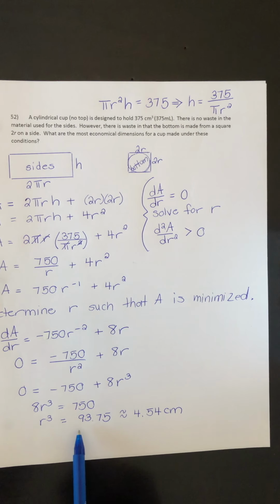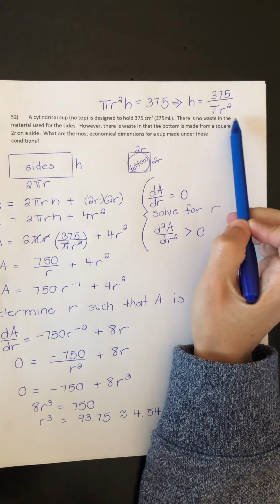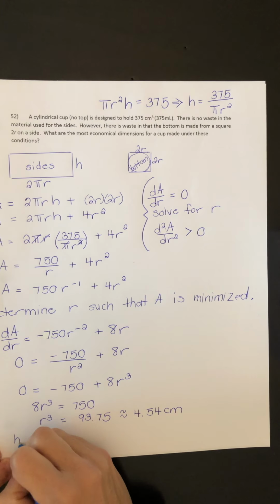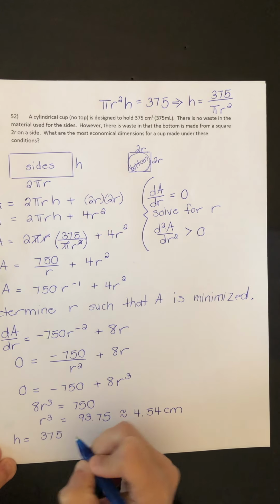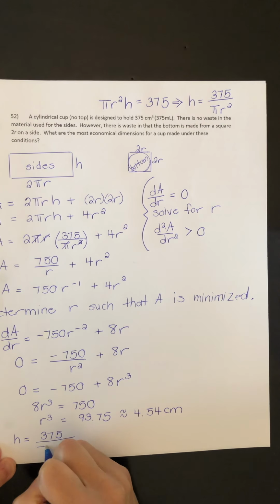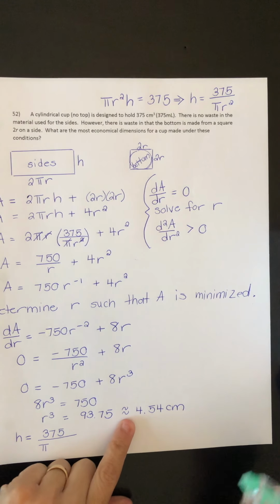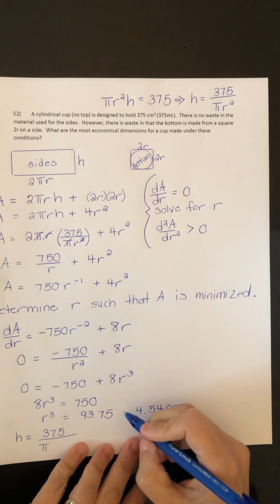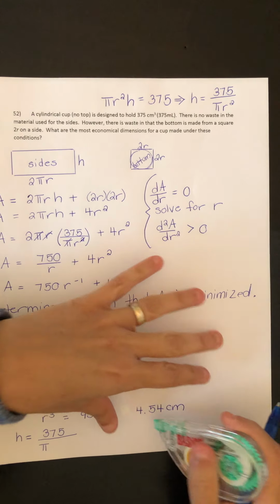So we just would take this value and maybe substitute it right here into this equation in order to figure out that height. So we're doing 375 divided by pi times, so this, look how I wrote this. This isn't good. That was r cubed, and this should say r is roughly 4.54 centimeters.